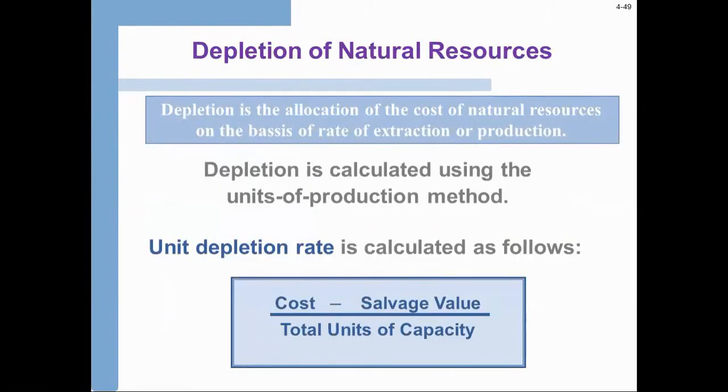And this depletion rate we will put in the same unit of activity method schedule, and we will calculate the net book value and the expense for each year. So this was the depletion.